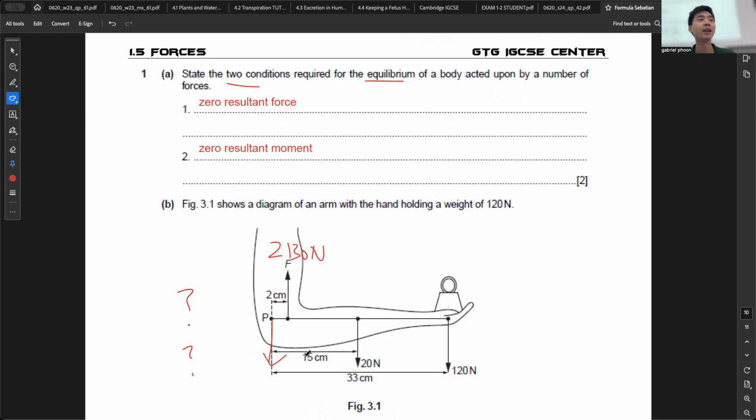Why? Guys, listen up. This one here right now, it has to reach equilibrium, right? Right now, I got so much force acting upwards. If I got another force acting upwards, wouldn't this whole arm literally fly up? So it must have a downward force that cancels off the total upward force, right? Does that make sense or not?